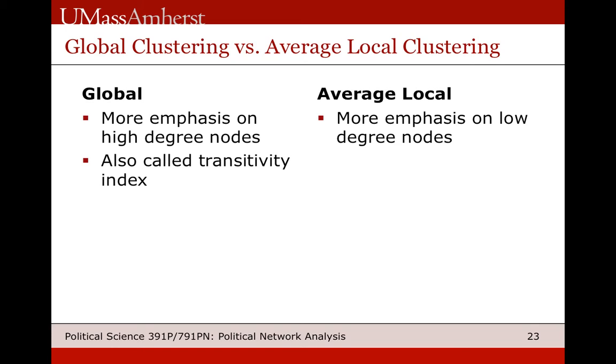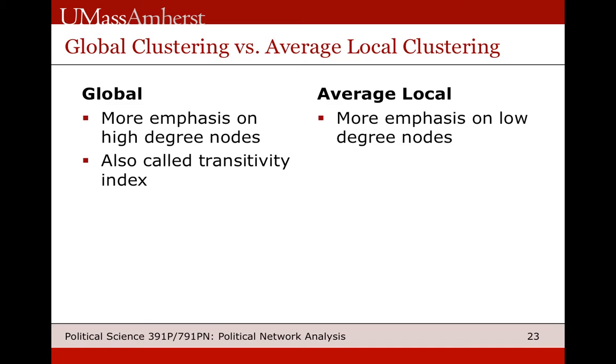Now, what you can then see is this global clustering, or more commonly called the transitivity index, is one way to calculate clustering in the network, whereas the local clustering coefficient, where we can take the average of that, or what's often just called the clustering coefficient, is another way we can think about clustering or transitivity in the network, at the network level.